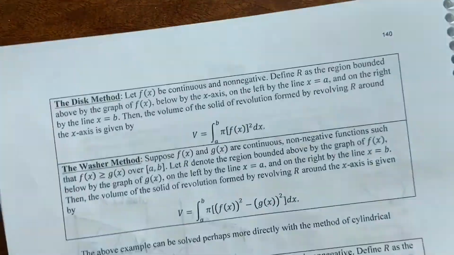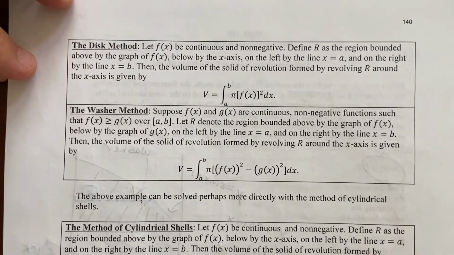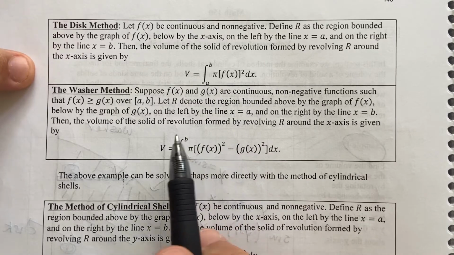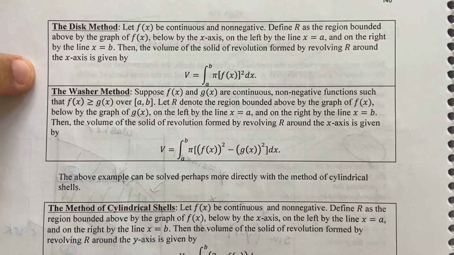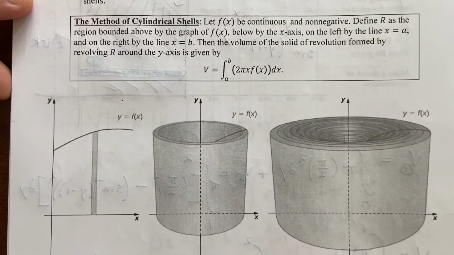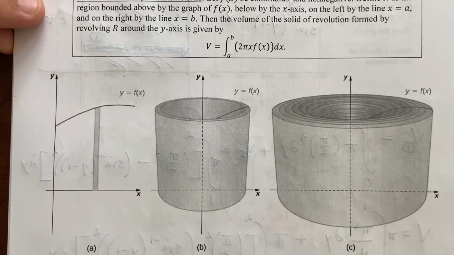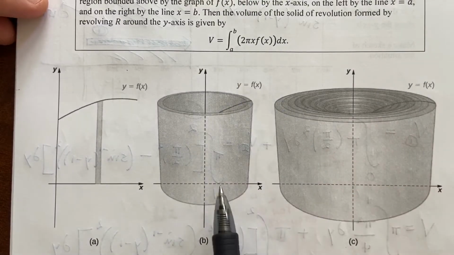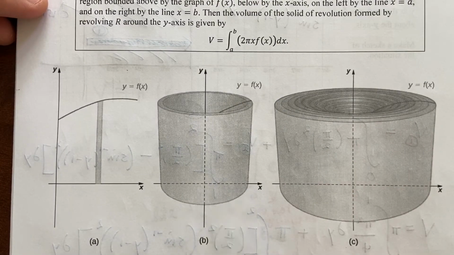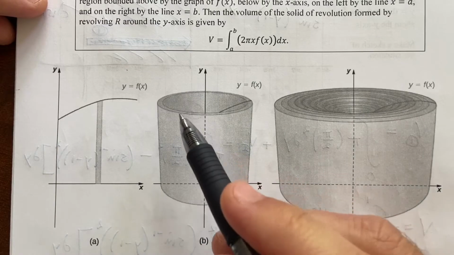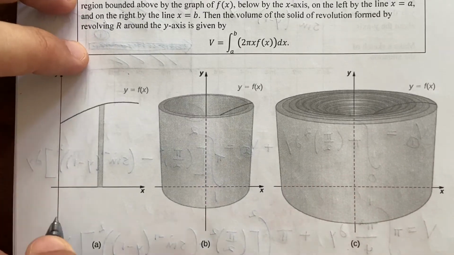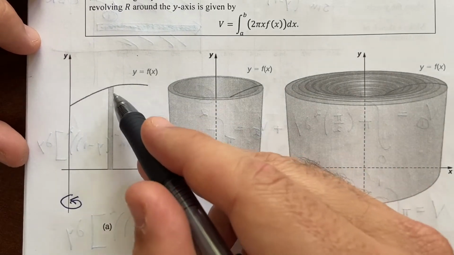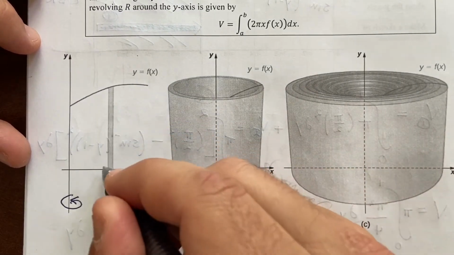Here's a reminder of the formulas that I was just using. So here's the disk method. Here's the washer method. These are from our previous sections. Here is the shell method. So if we're integrating along x from a to b, rotating around the y-axis, then we take a slice that is no longer pointing at the y-axis.